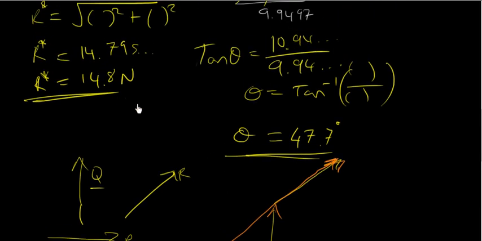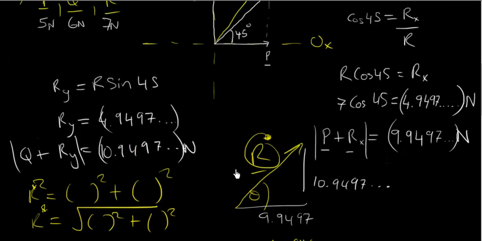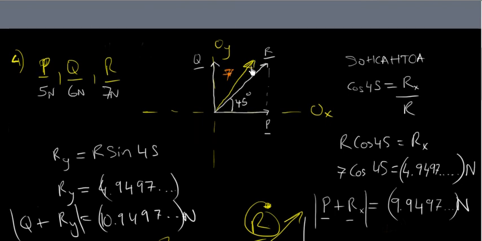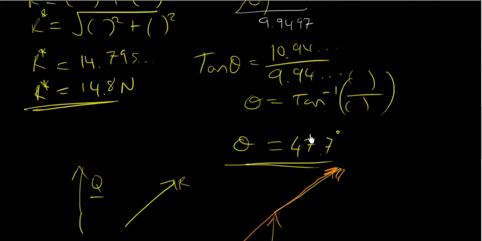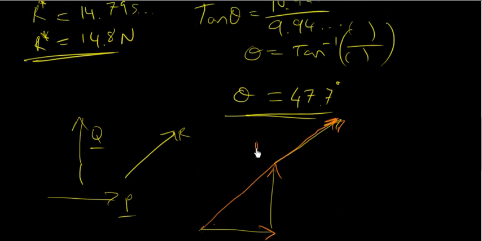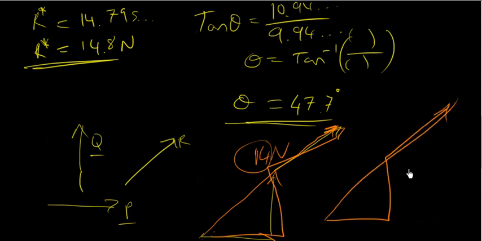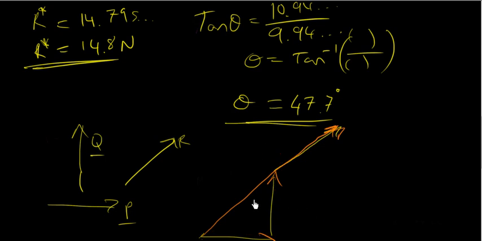So it came out to be 14 newtons, right? So it's quite long. If R was only 7 newtons big, then our final resultant came out to 14 newtons. So it's nearly twice as much, which makes sense because we've added them like that, right? We add something like that plus that, and you get something nearly twice as big. All right, so that makes sense, and hopefully that doesn't completely confuse you too much.